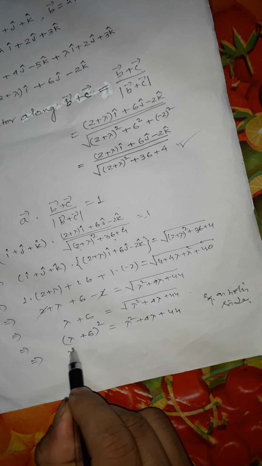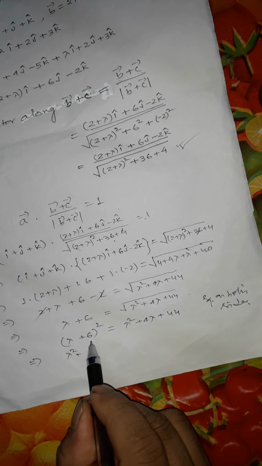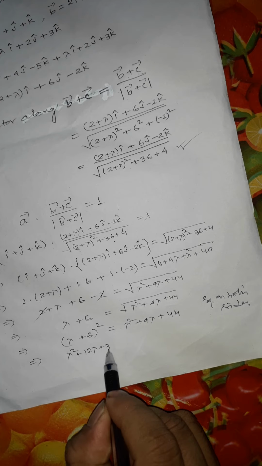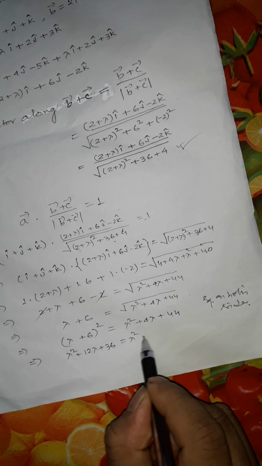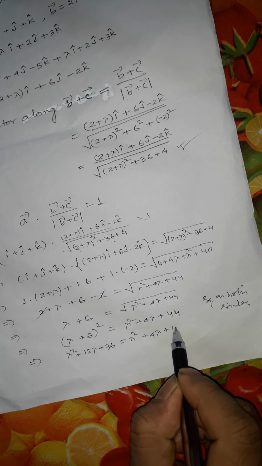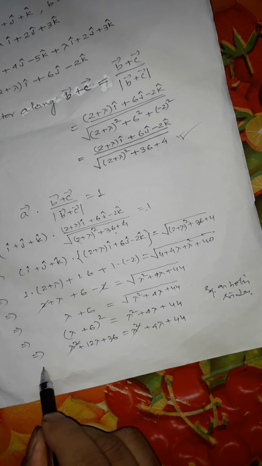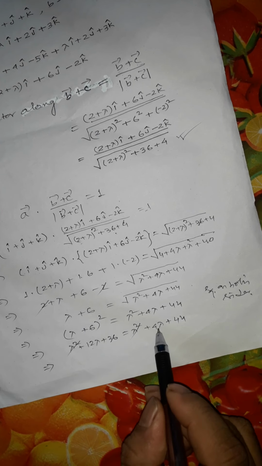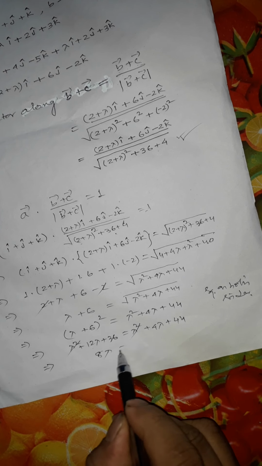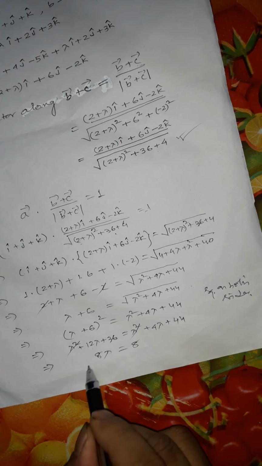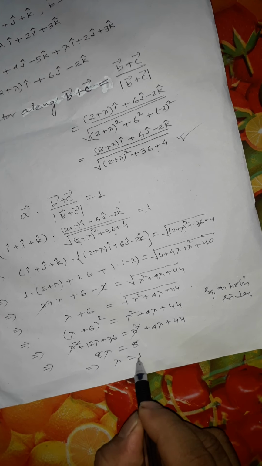Expand this one: lambda square plus 2 into 6, 12 lambda, plus 36, equals lambda square plus 4 lambda plus 44. Lambda square cancels from both sides, then 12 lambda minus 4 lambda is 8 lambda, 44 minus 36 is 8, so lambda equals 1. So the value of lambda is 1.